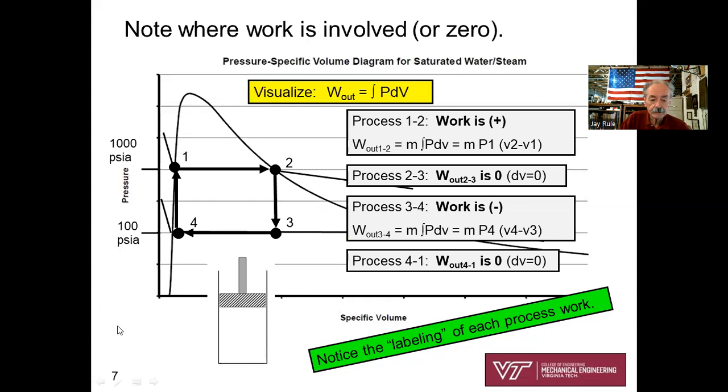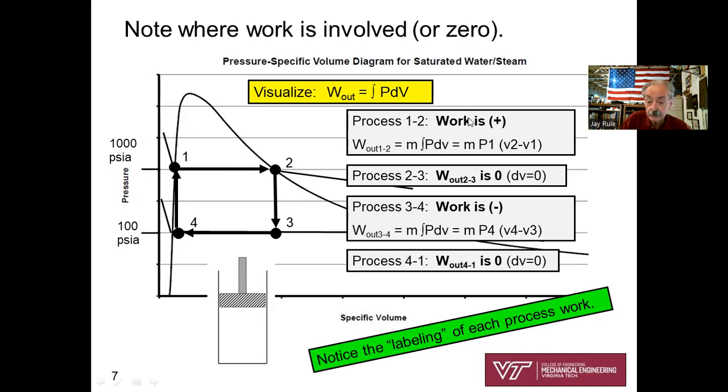All right, let's go back to our PV diagram, and note we're not crunching numbers yet. Let's just note down whether work values are going to be positive, negative, or 0. Let's look at process 1 to 2. Area under the curve, I see it. It's a rectangle, and it's an easy integral: pressure is constant, times delta V, V2 minus V1.